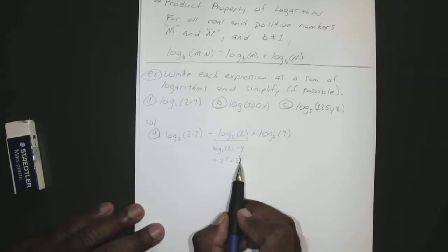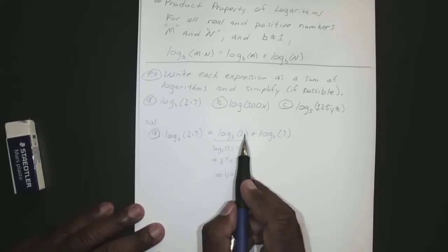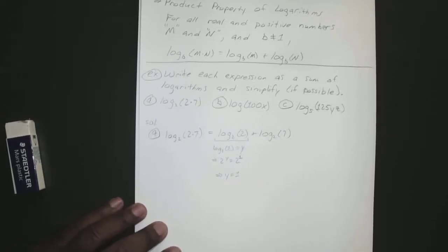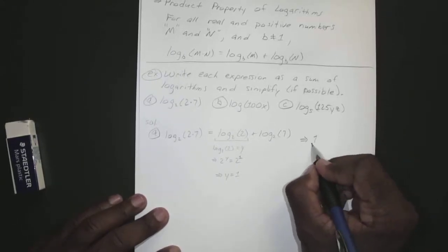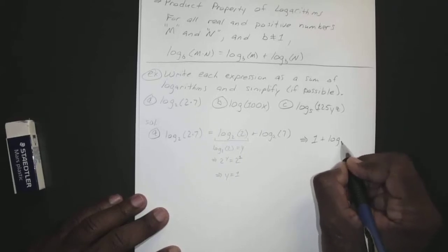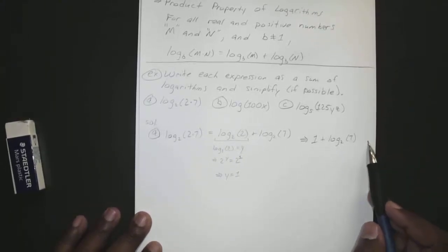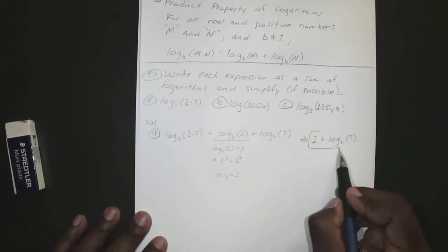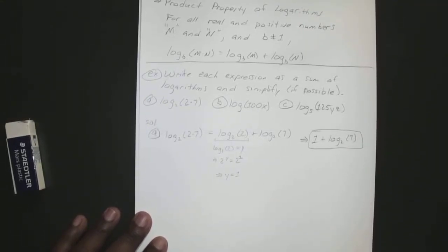So y would have to equal 1. So log base 2 of 2 is equal to 1. So we will simplify this to become 1 plus log base 2 of 7, because you don't have anything that can say 2 to the power of y equals 7, so that one doesn't simplify. So this one was able to be simplified. Did that make sense?